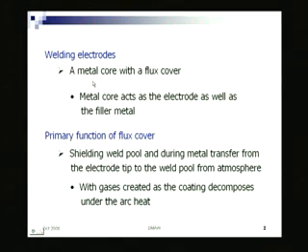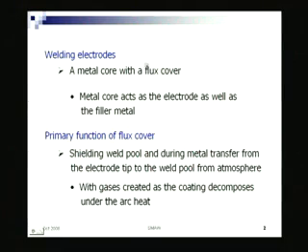So, electrodes are nothing but a metal core with a flux cover, right. Electrodes are available in certain standard lengths. They have the required metal core, and that metal composition will depend on your usage. That means, of course, if you are going to weld a particular steel material or some metal object, you will have to choose a suitable electrode for that purpose.